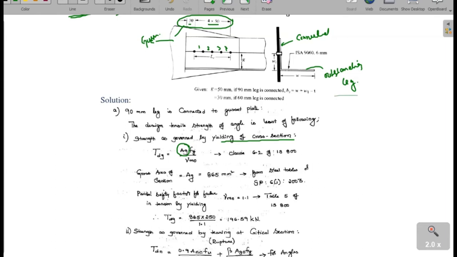So on calculation, the gross area of the section is obtained as 865 mm square.